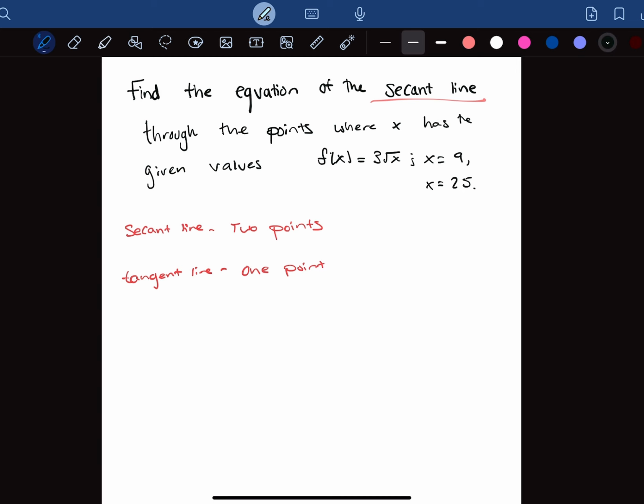So let's draw an imaginary graph. I'm just going to do a random example, a graph that looks something like that.